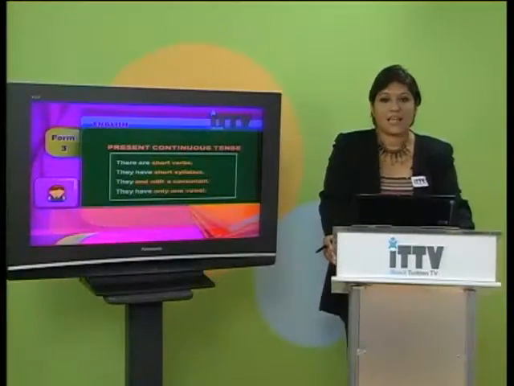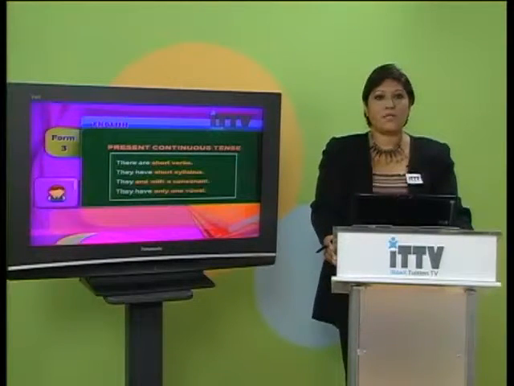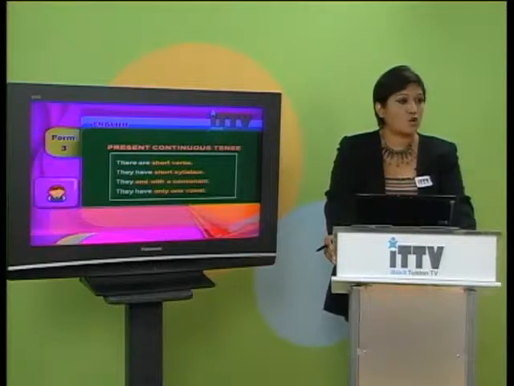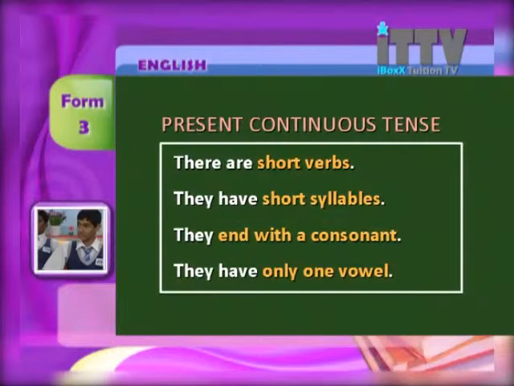Alright students, let's recap some of the words we use: jogging, hitting, sitting. Now these are short verbs. You remember I told you verbs are action words. So jogging, J-O-G, alright, it's a very short verb, only 3 letters. They have short syllables, that means the sounds, it's just one, hit, one, hitting becomes 2 syllables.